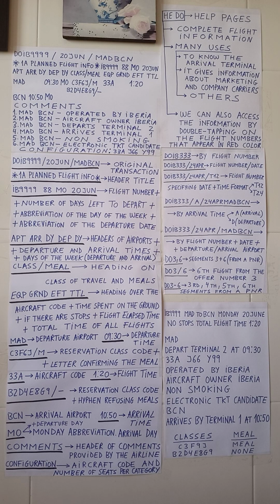On the last page, you can see what the same screen I explained before, this screen, would look like, but in the graphic mode. This is the graphic mode and this is the transactional mode, okay? At Amadeus, there are two ways of working.